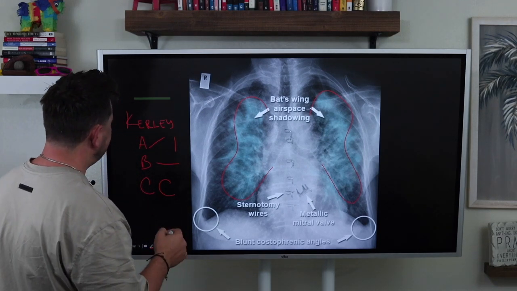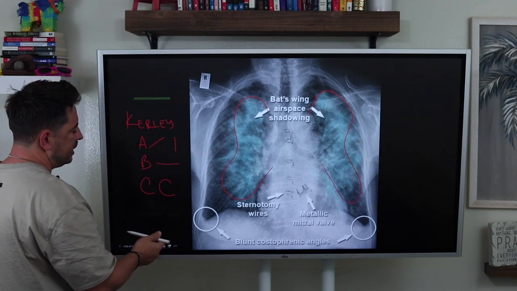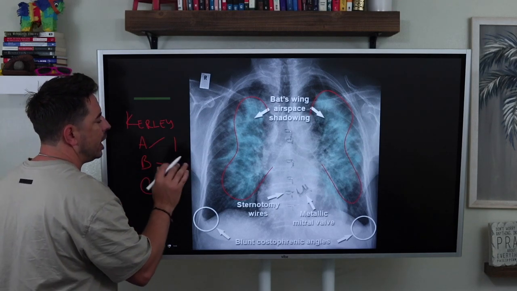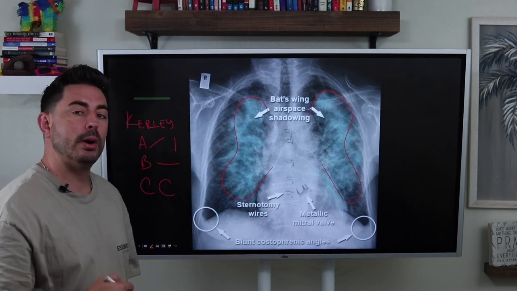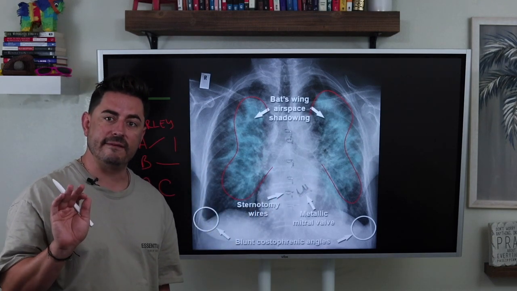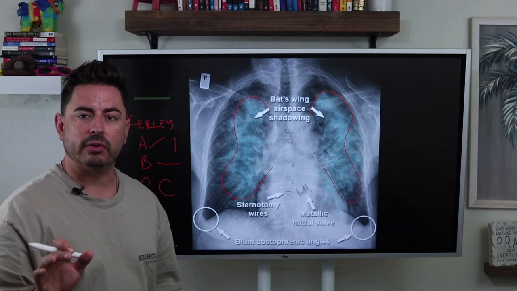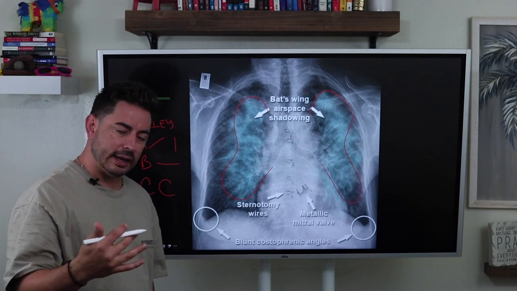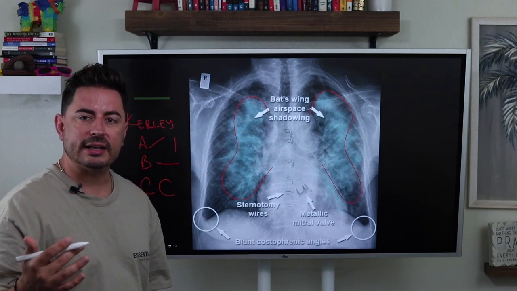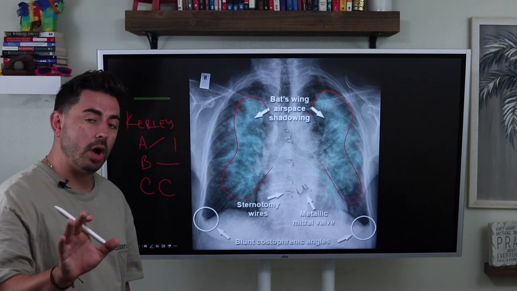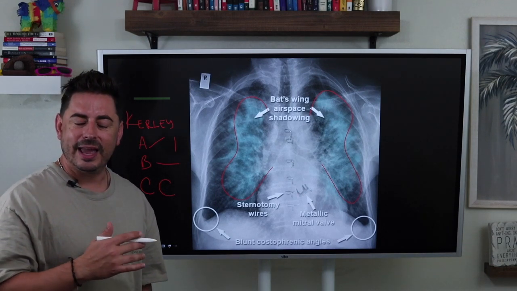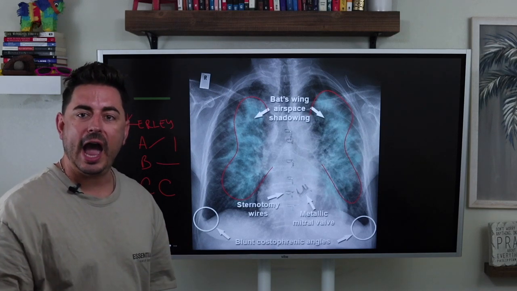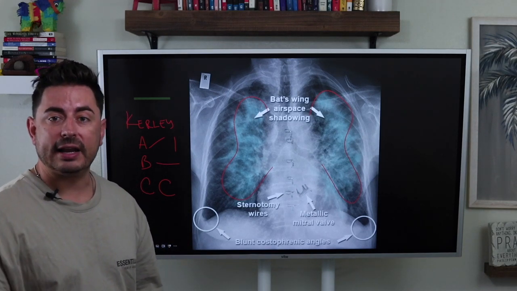So differentiating Kerley A, B, and C lines, these are just simply shapes that appear when we have patients that have pulmonary congestion and the lymphatic system has been overwhelmed. So, quick overview of the lymphatic system. Be sure that you know how this works, what the purpose is, and what happens when the lymphatics get overwhelmed.